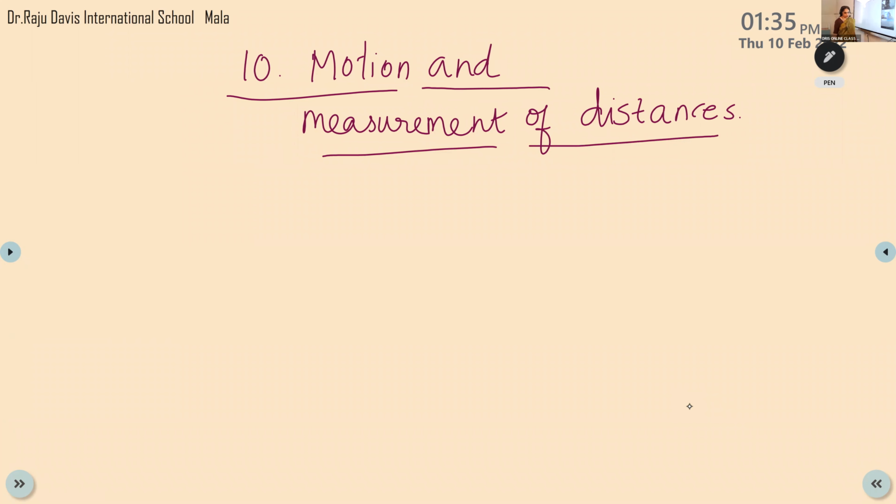So we discussed stationary objects. Objects which remain fixed at a place are called stationary objects. Walls, buildings, trees, these all are examples of stationary objects which are not moving. We should also know what is motion, isn't it? We learned 2 definitions for motion.